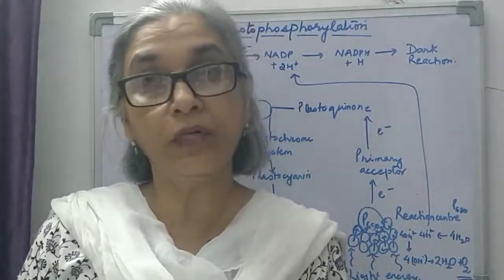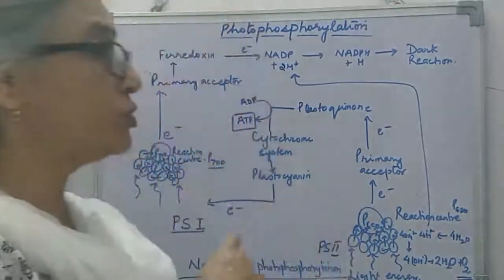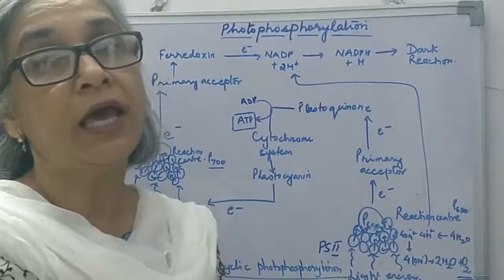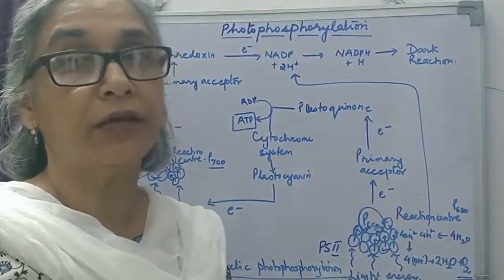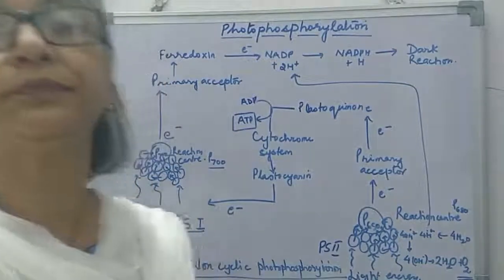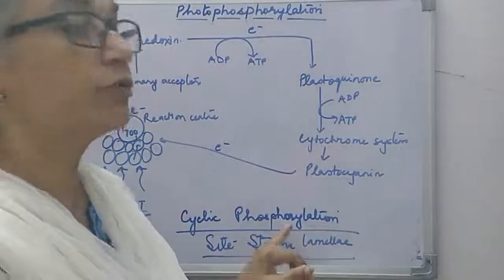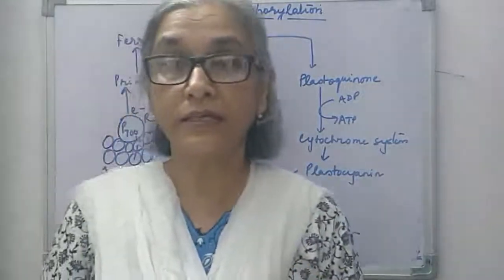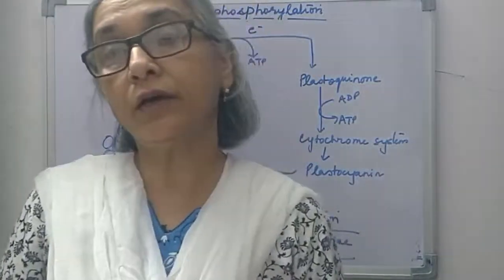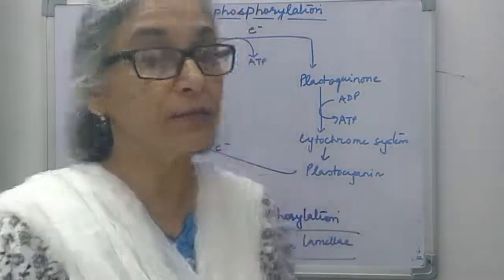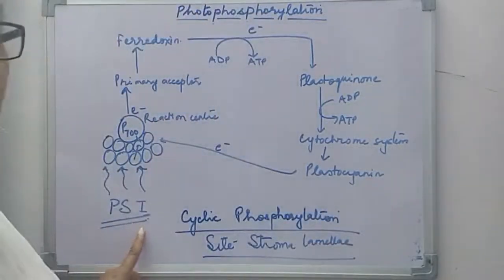Now we will do cyclic photophosphorylation. I will draw the figure for cyclic photophosphorylation and then explain it. Now I have made the figure, and as I told you, cyclic photophosphorylation occurs in photosystem 1. Why?